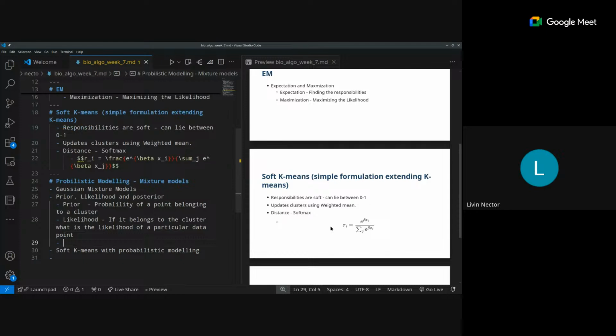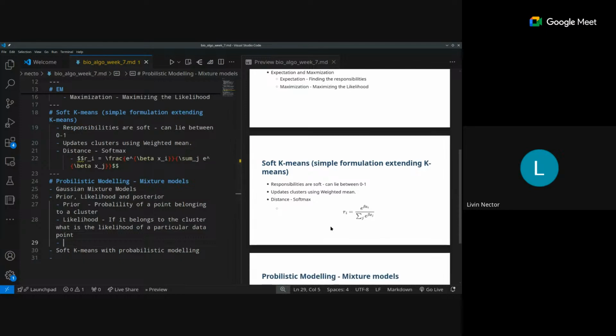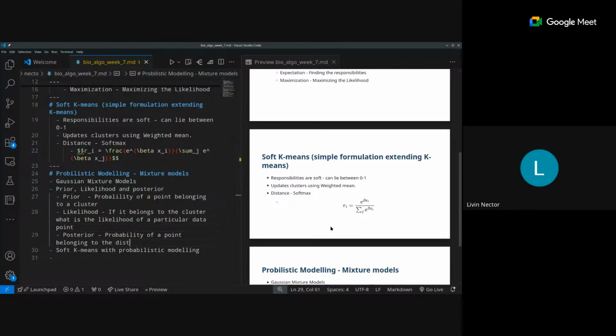The posterior is, in general, the probability of this particular data point in the mixture model, the mixture distribution, the mixture model as a whole. So that's how we do this.